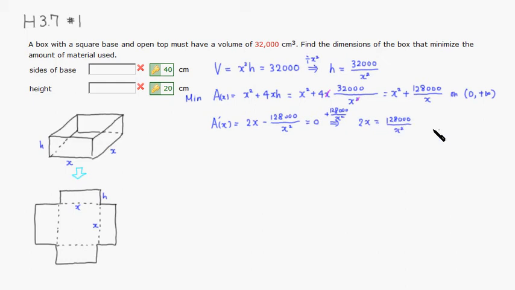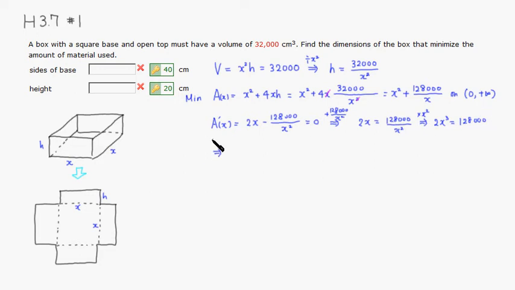Then we can divide through by 2 first. Actually, I'm just going to multiply by x squared, since I don't like fractions here. So you have 2x cubed is equal to 128,000.